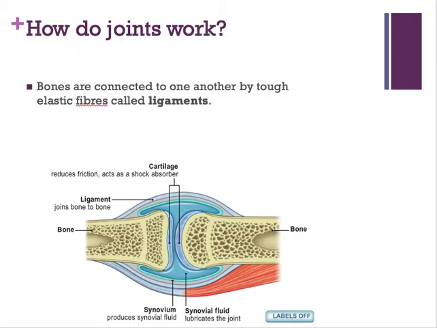So how do these joints work then? Well, first of all, the bones are connected to each other by ligaments, and those ligaments are reasonably elastic, and they allow a certain amount of movement, but they stop over extension of the joint.